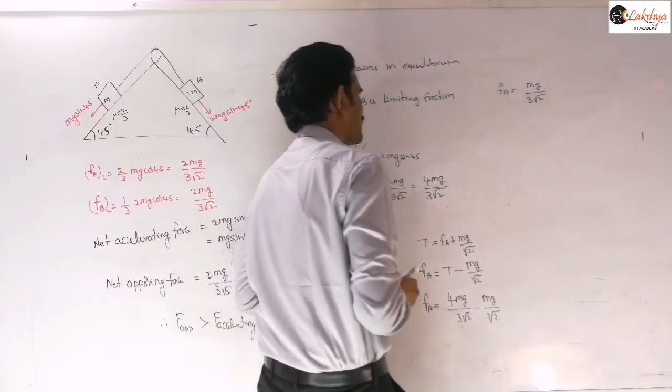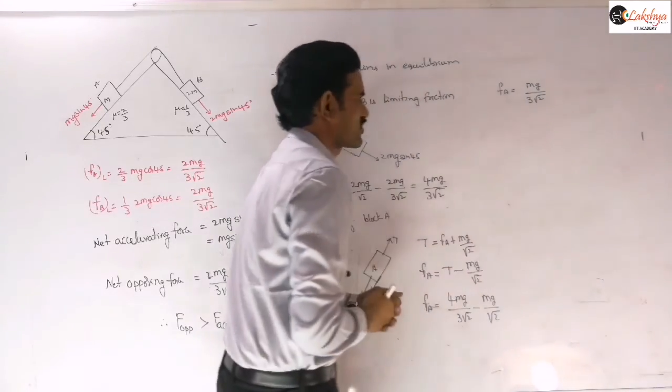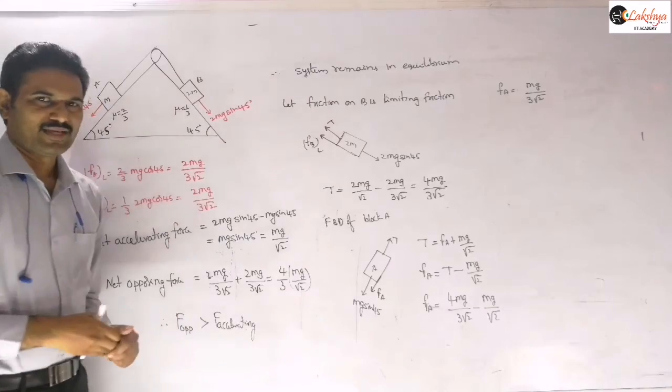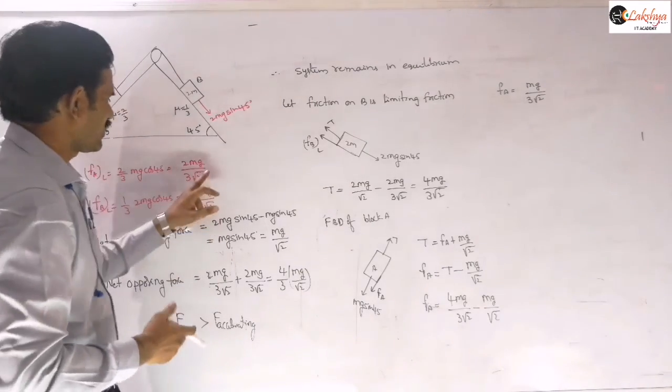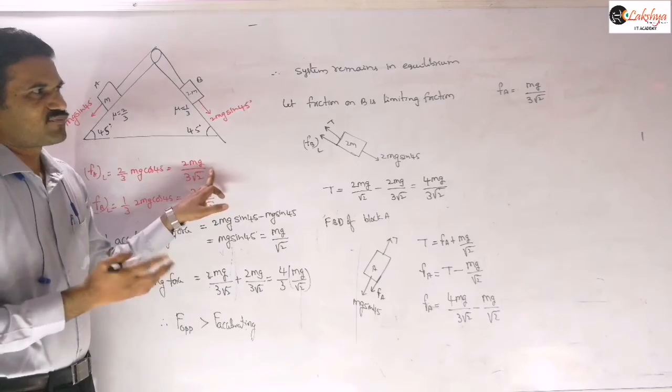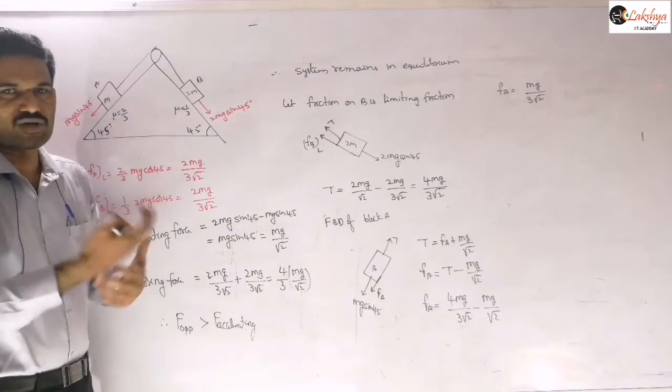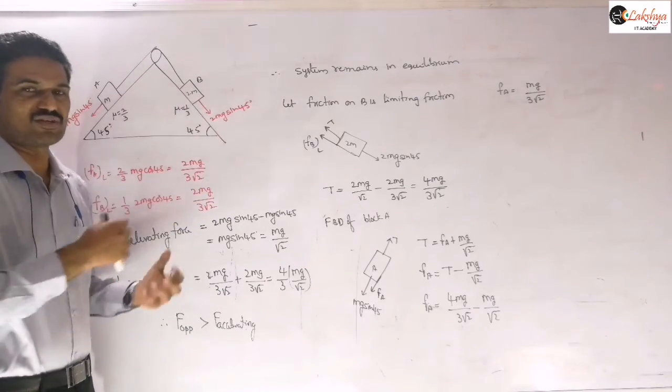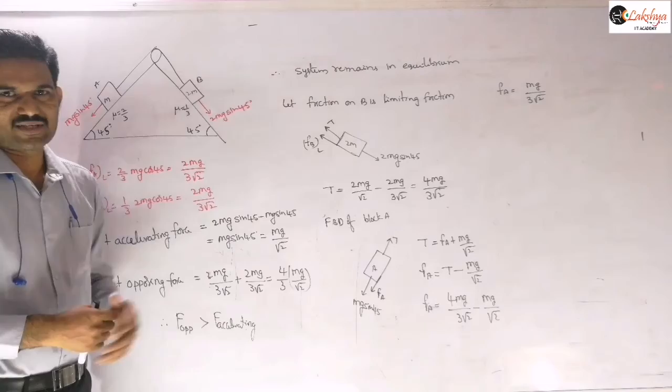Now you can clearly say that the frictional force acting on A is less than our limiting friction. Our limiting friction is 2mg by 3 root 2, so our assumption is correct. We are checking this in the first trial itself and getting the correct conclusion.